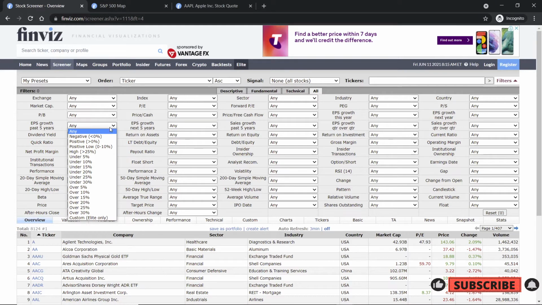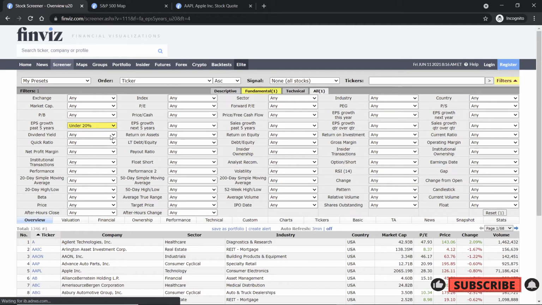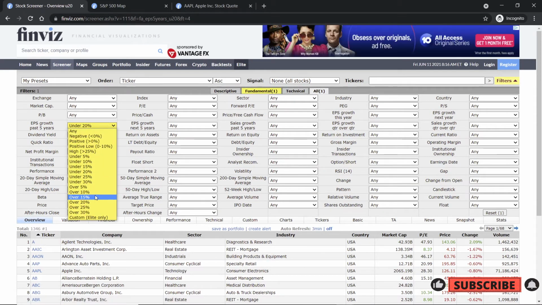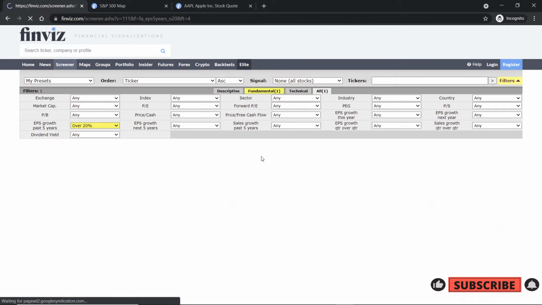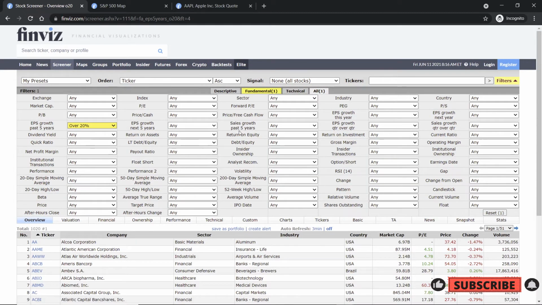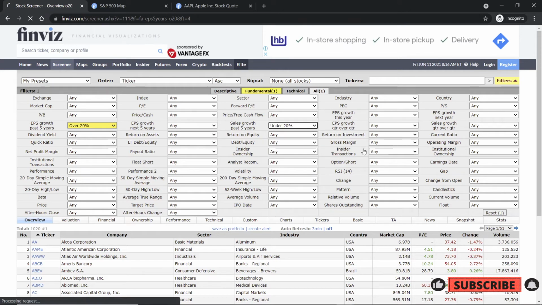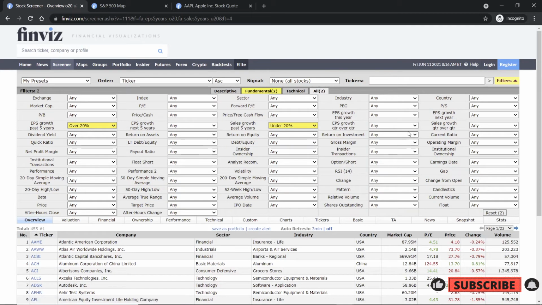What I do is put in a standard percentage. I sometimes apply 25, but I never really got enough to make a portfolio. But say, sorry, I made a mistake, over 20% sales growth in the past 5 years, 20%.